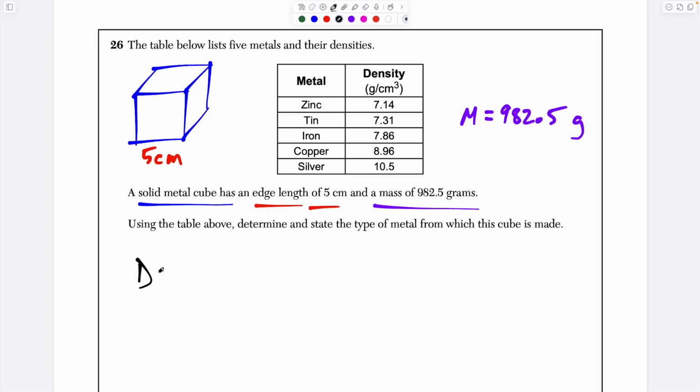So just know that density equals mass over volume. And notice the density is expressed in grams per cubic centimeter. So that's how we know we're going to be doing the mass in grams divided by the volume we're going to find, and the units for volume here are cubic centimeters.